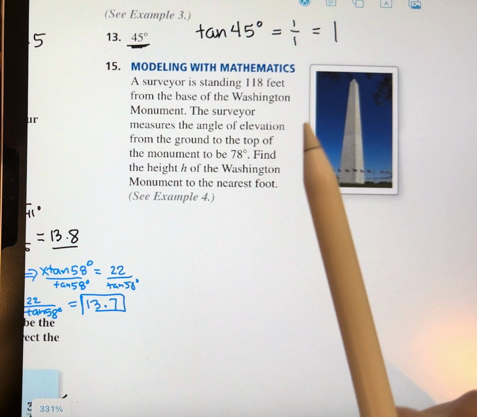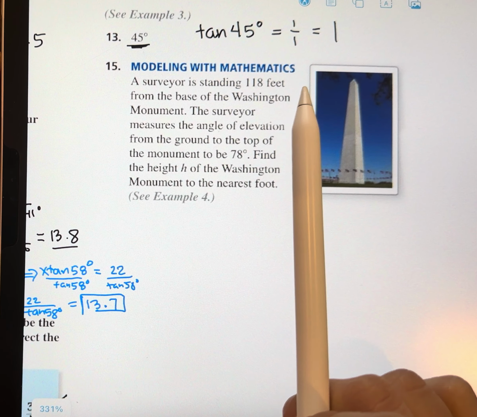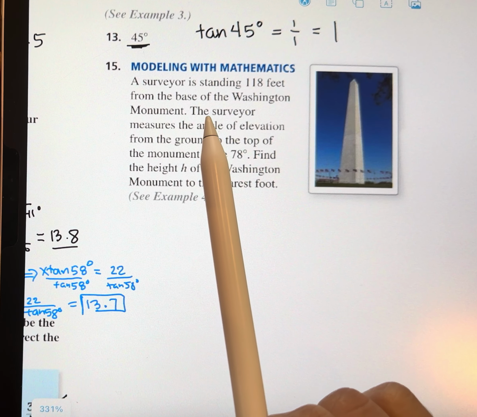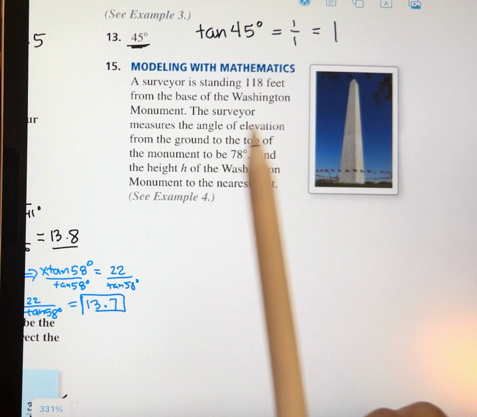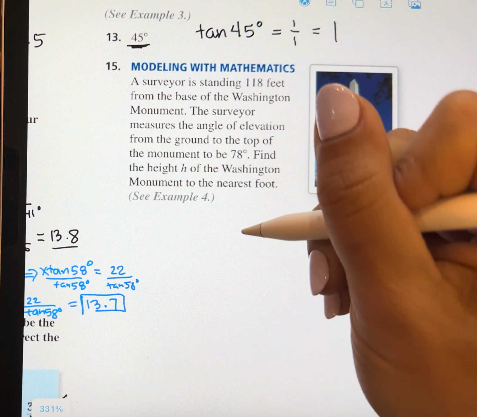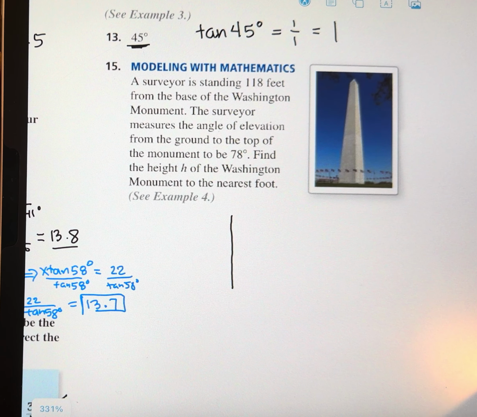Lastly, modeling with mathematics. A surveyor is standing 118 feet from the base of the Washington Monument. The surveyor measures an angle of elevation from the ground to the top of the monument to be 78 degrees. Find the height of the monument. Let's see. So here's the monument. Everything's a line in my drawings.